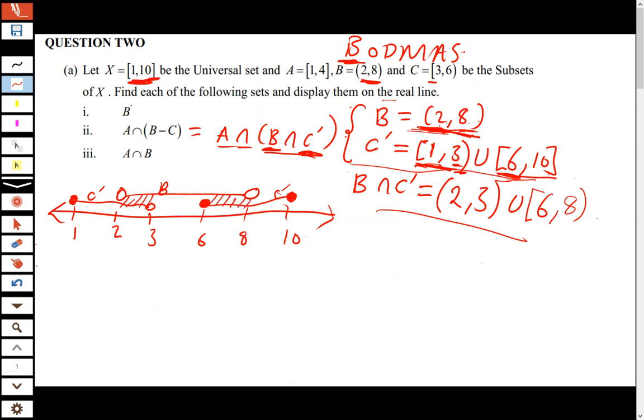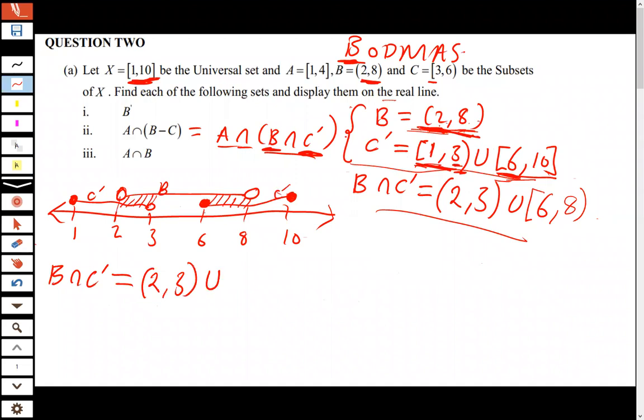So this is the solution, meaning my B intersection C complement is simply going to be written as, I'll pick the numbers below the circles. The first number here will be 2, and it's open at 2, and then it's ending at 3, which is also open at 3.